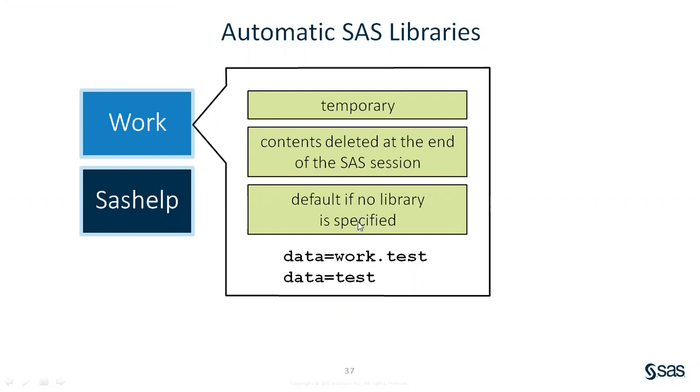By default, if no library is specified, SAS will always save that table into the work library. So when you create any data and do not give its libref, it is automatically saved into the work library. Either you write work.tablename or you simply give the table name. It is understood by SAS that you are saving it temporarily, into your work library.